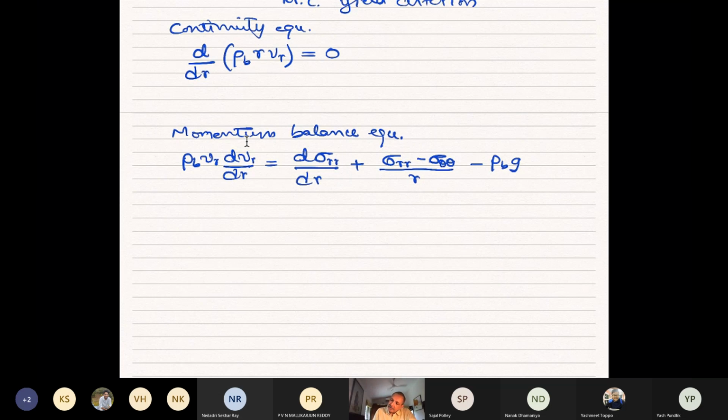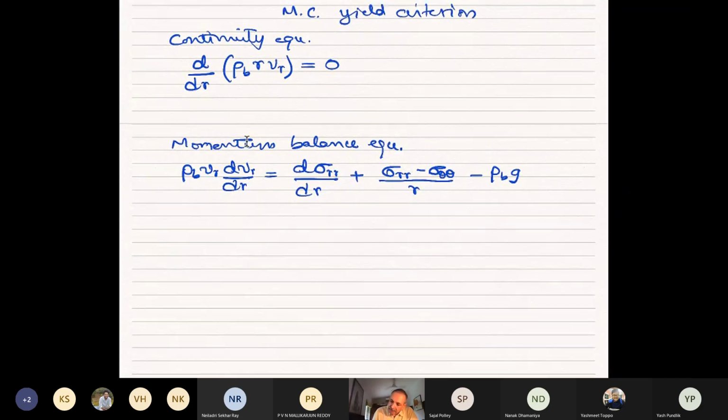Since the gravity acts in the radial direction, that's why g of r is just g. So these are the two conditions that we have, the two main equations.